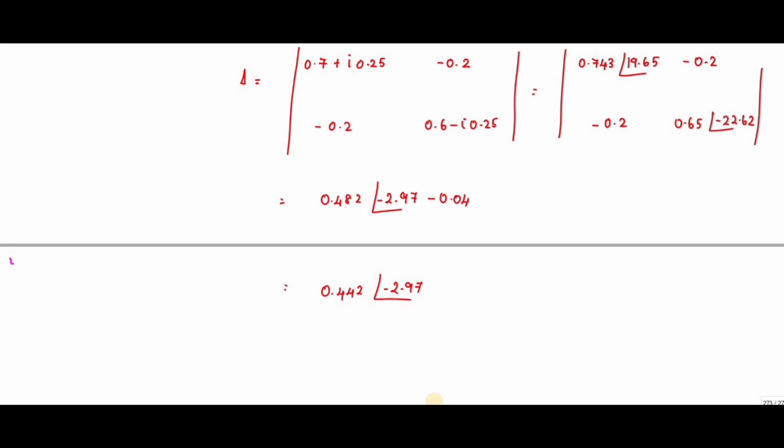This is 0.482, and this one is minus 0.4. So 2.97. Answer is this one is 0.481 minus j0.025 minus 0.04.